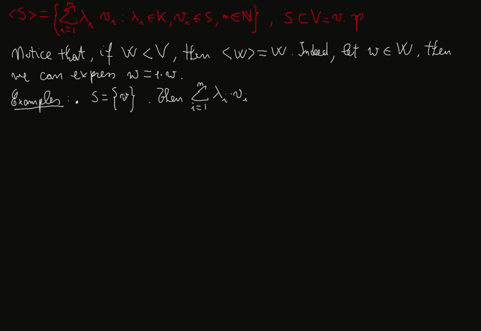Now S has just one vector, therefore this sum reduces to the following: sum for i that goes from 1 to n of lambda i times v, because there is no other choice, there is just v inside here. Now this we can rewrite in the following way: sum for i that goes from 1 to n of lambda i, which multiplies on the left v.